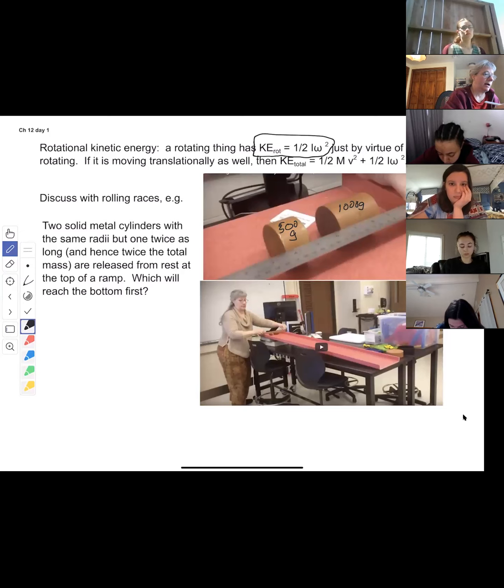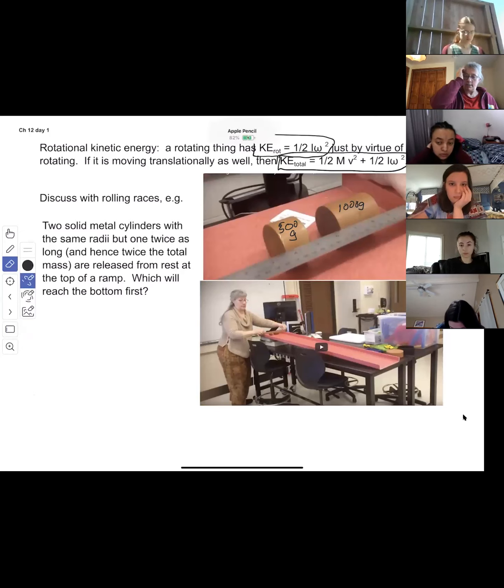And then the total kinetic energy would be the sum of the translational and the rotational kinetic energy. So what I wanted to do, if I had enough time, was to send you off into some breakout rooms to say, if I release those, which one is going to win the race? And I don't think we'll have enough time to do that.